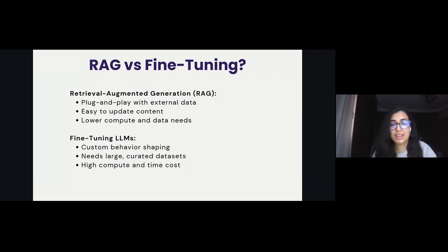So you might be asking, what is the difference between RAG and fine-tuning? Why are we not fine-tuning the model instead of using RAG? Let's first break down when to use RAG and when to use fine-tuning, and when one would make sense over the other. First, fine-tuning is where you take a pre-trained model and you fine-tune it on new data.